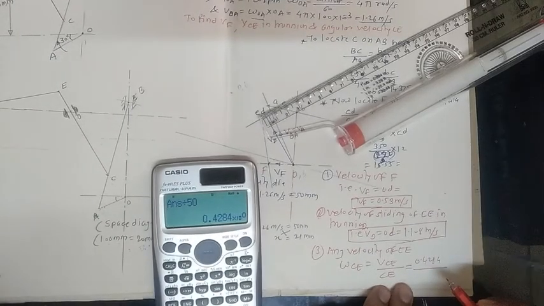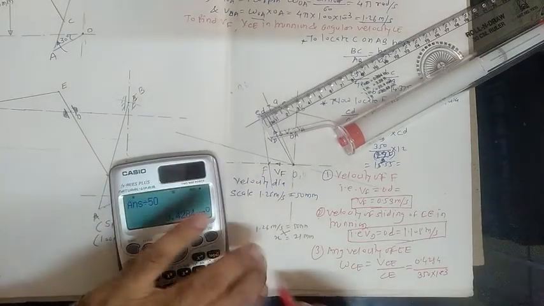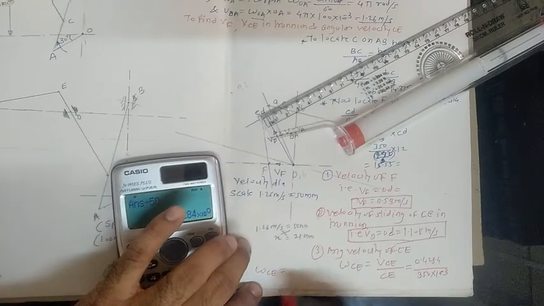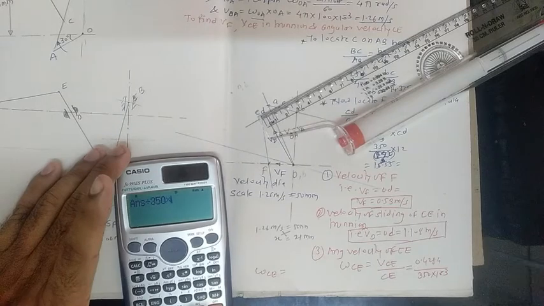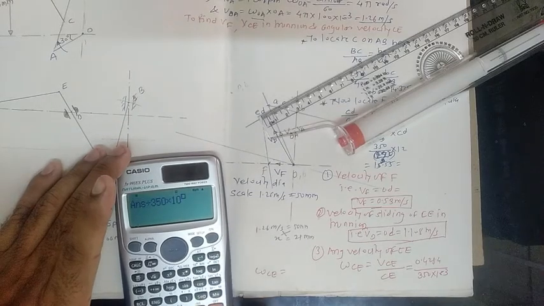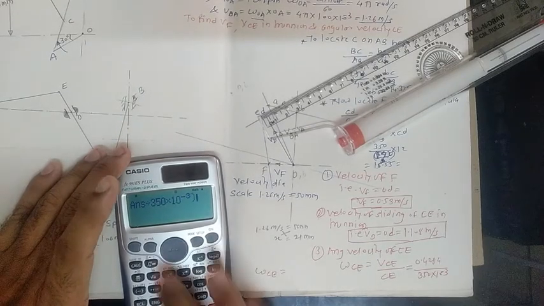CE 350 mm is given, multiply by this term by 10 raised to minus 3, we can get the angular velocity of the link CE equals to divided by 350 multiplied by 10 raised to 3 into bracket.